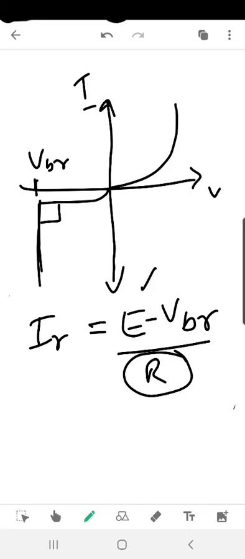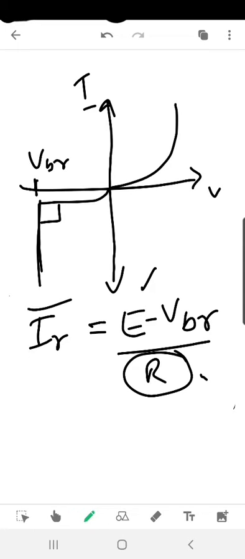If an external circuit is not used, then R will be 0 and the value of IR will be infinite. And if we have some external circuit to limit this current, then there will be some value of R and we will get the maximum value of the reverse current.